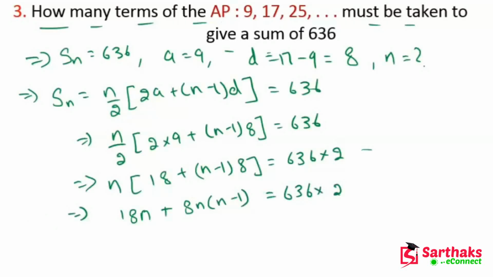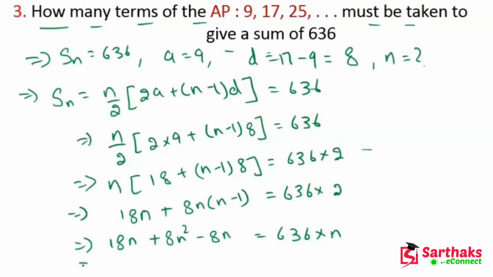Okay, so if we solve it, we get 18n plus 8n square minus 8n, which is equal to 636 multiplied by 2. Okay, so I hope you get this point.